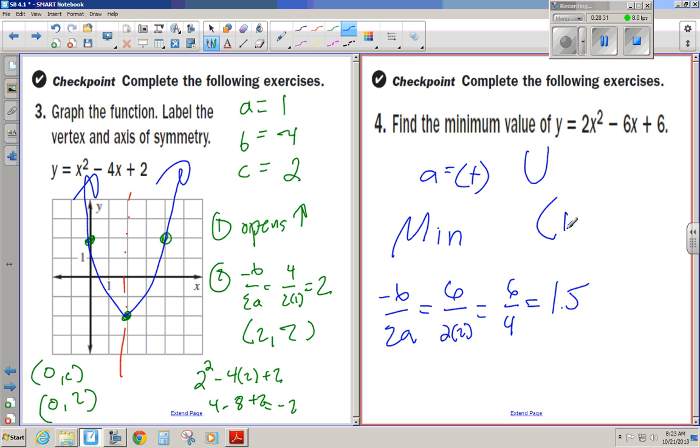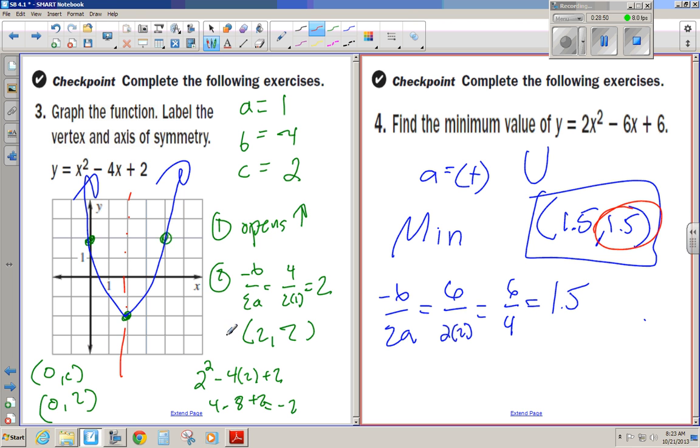So the x value of the vertex should be 1.5. When you plug that in, go ahead and plug 1.5 in for x and see what you get. So the vertex is right here. The minimum value is that y value.